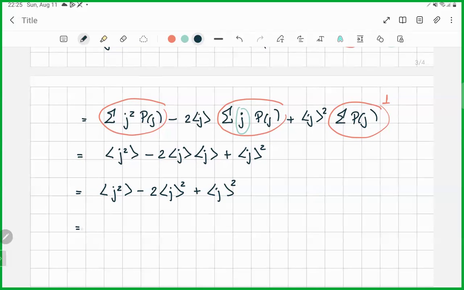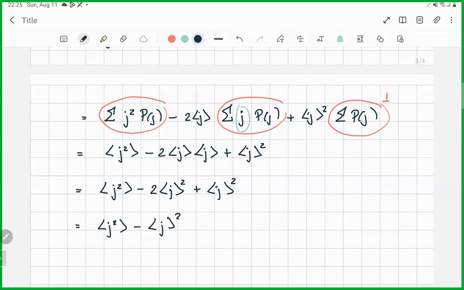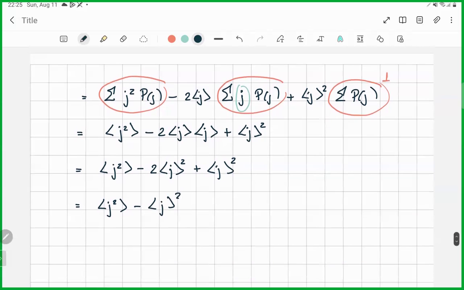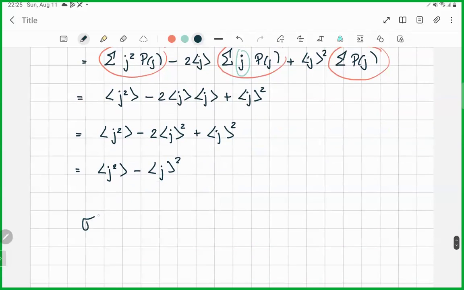So we write this as the mean of j squared minus the square of the mean. This is a form that you may be very familiar with, no? Of writing the variance. So the variance is the mean of the square minus the square of the mean.